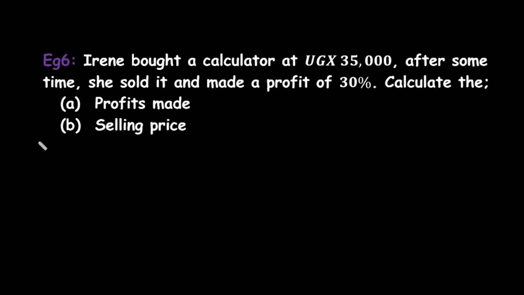But remember, we calculated the percentage profit from the formula. Percentage profit is equal to profit out of the cost price times 100% and the percentage profit is given as 30. Is that okay?